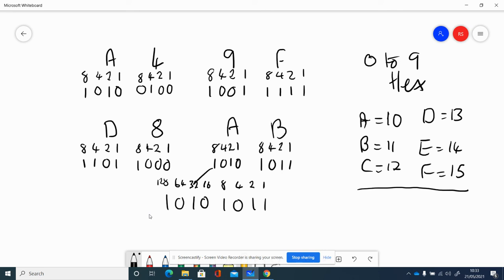And then we can just add those together, 128, because I've got 1 in that column, and a 32, and an 8, and a 2 and a 1. And we converted it just by adding them up. So that is 171. And that would be the way to convert from hex all the way into decimal.